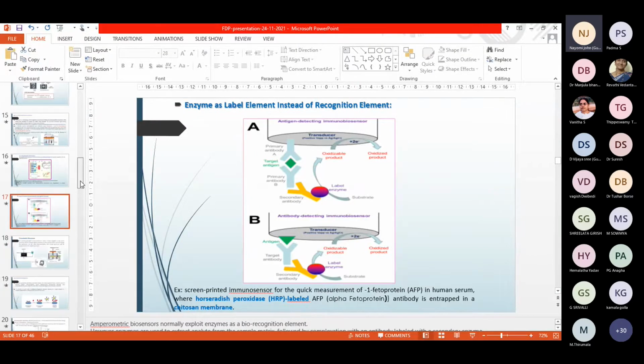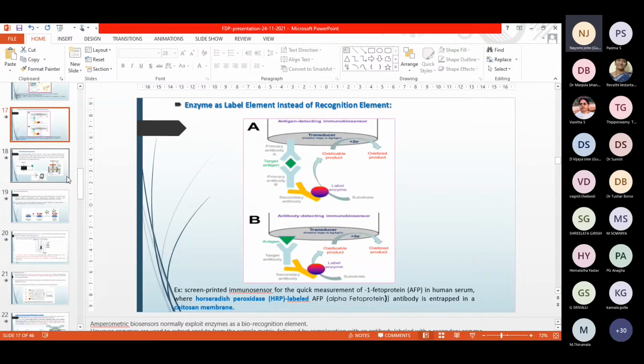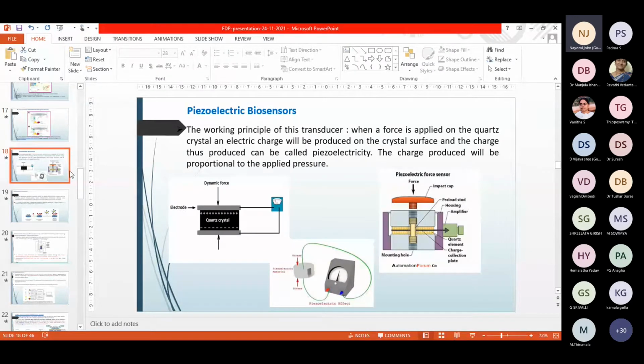Moving on to another type of the biosensor, this is called a piezoelectric biosensor. So what is the meaning of the piezoelectric compound? These compounds as such, they are inert in nature. There are many chemical compounds. The best usable compound which acts as the piezoelectric material in the biosensor is the quartz.